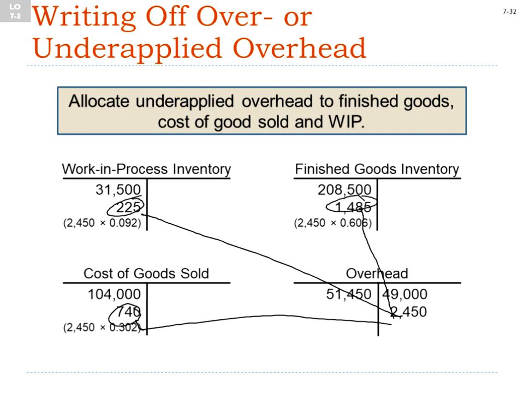So they allocate it based on the percentages. Like I said, they look at the products that were worked on during the period, and they determine that some of it was in work in process, some of it was in finished goods, and some of it was already sold. And so they adjust those three accounts, those asset accounts and expense accounts, according to those percentages.